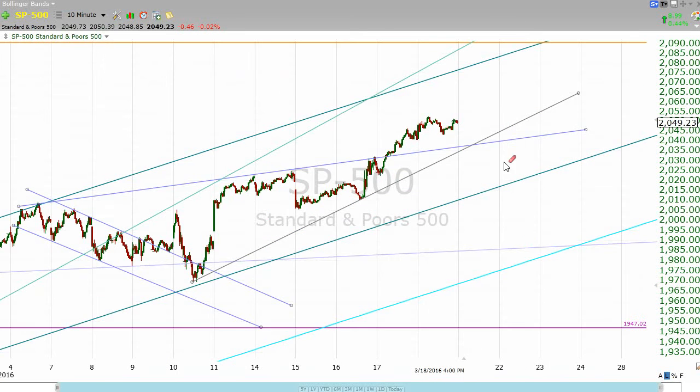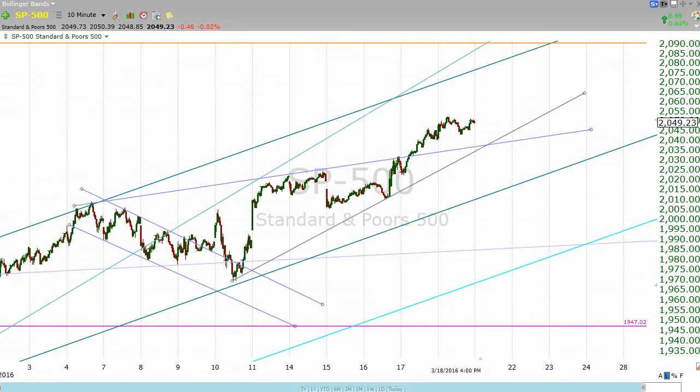Often when you have wedges, the level of the apex of the wedge, and what's the apex? Well, that's where the resistance line and the support line meet. Often that level creates a technically important area. So if it's a rising wedge, that area is often resistance. If it's a descending wedge, that area is often support.